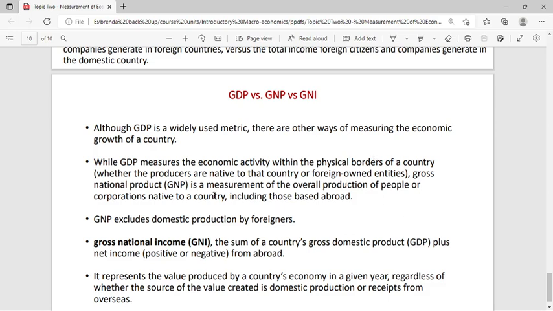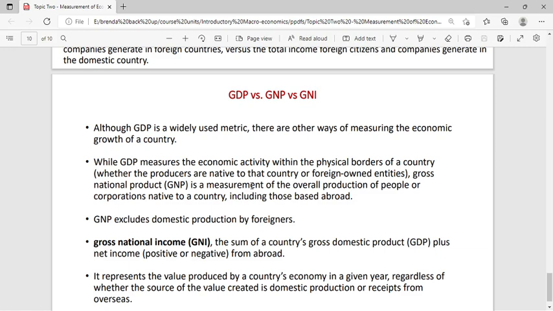So while gross national product is the measure of overall production of people or corporations native to a country, including those based abroad. So when we are measuring economic growth using gross national product, we only concentrate on products produced by nationals within the borders of the country.